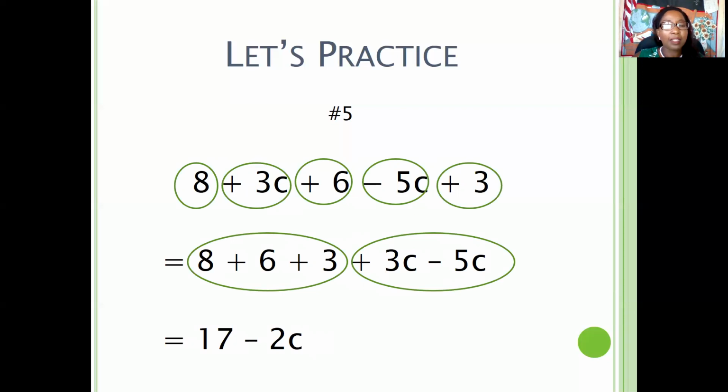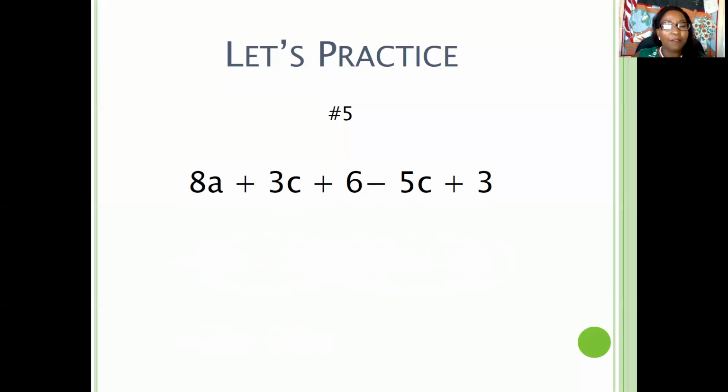All right. Now this question did change slightly, so please do forgive me. Let me go back to this question. If you worked this question out, you should have had 8a, and there was only one a term in this particular question.